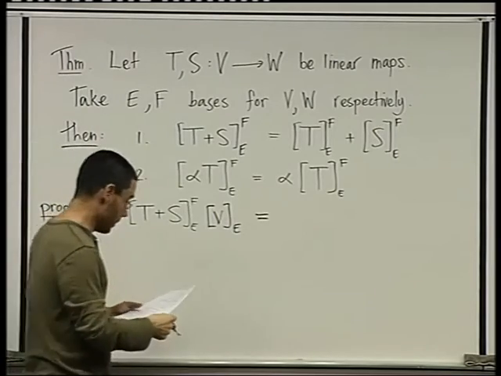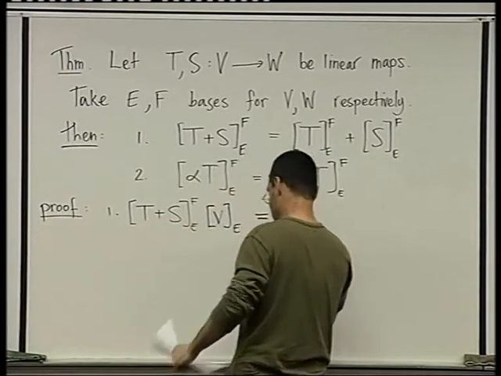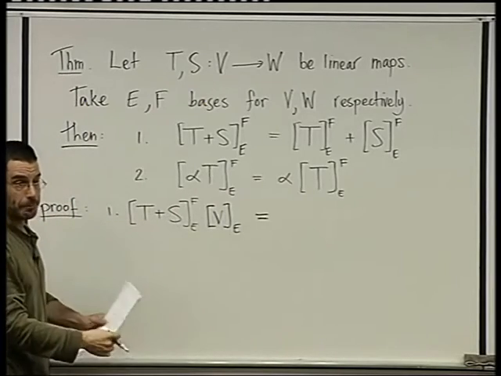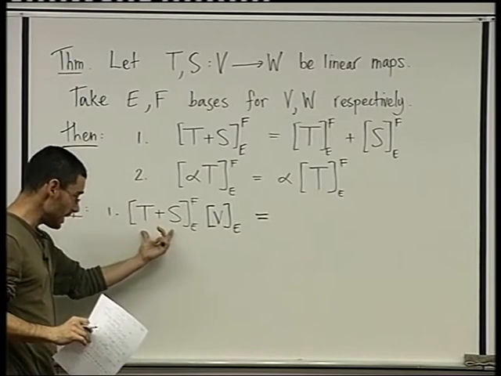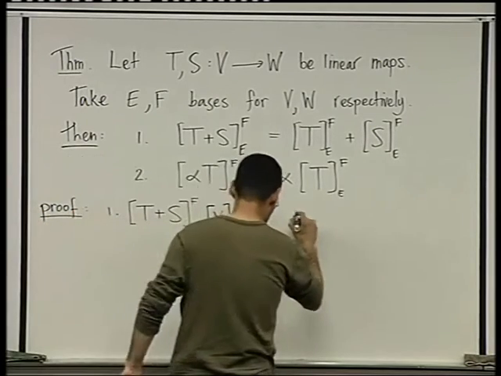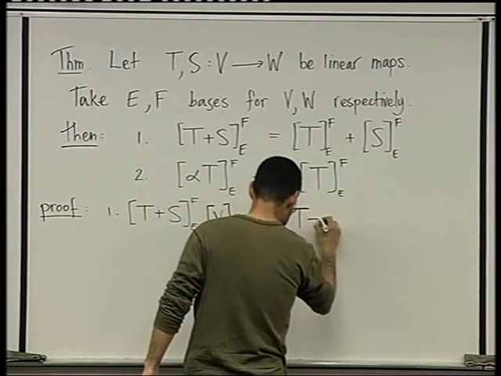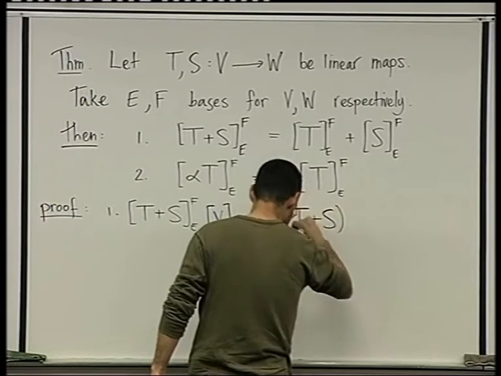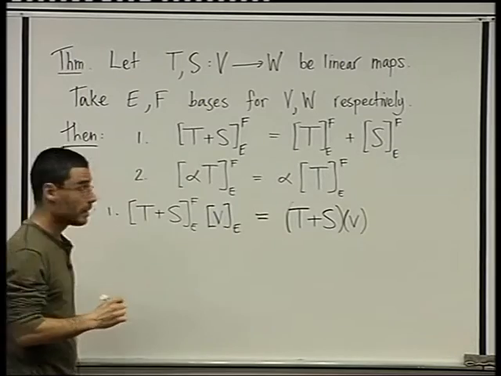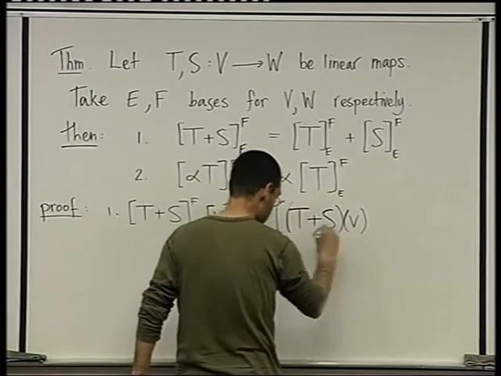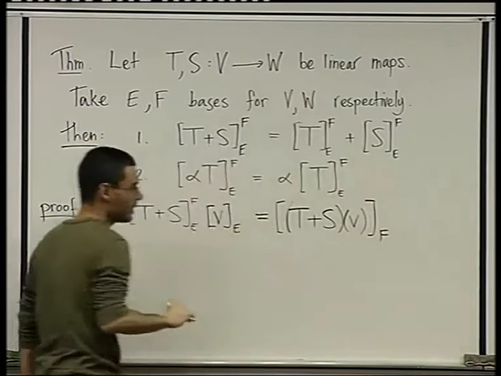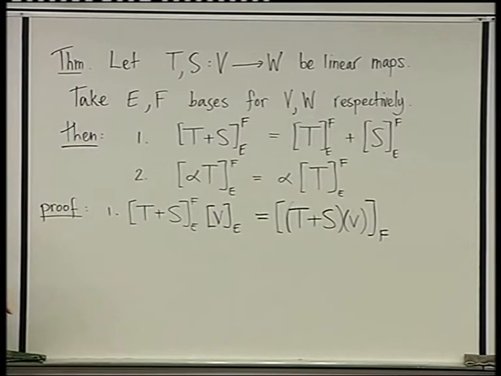So by the theorem that tells us what the matrix representation does, we know that this equals exactly T plus S applied to the vector v, but taken in its coefficient vector in W with respect to the basis F. Do you agree?